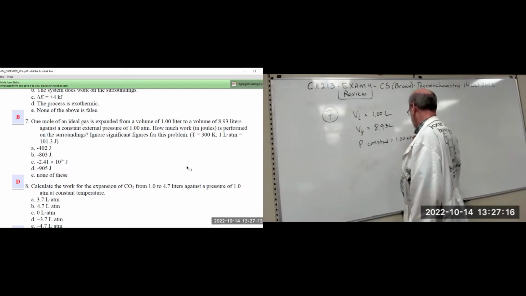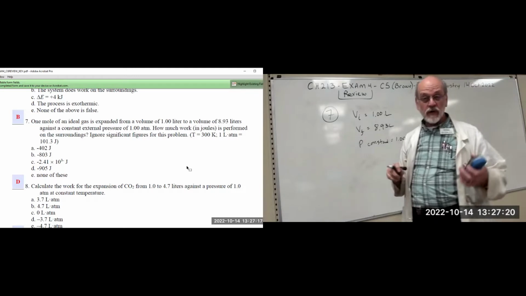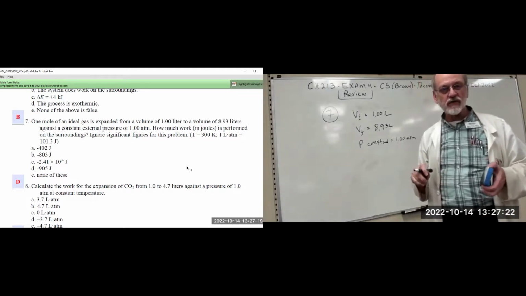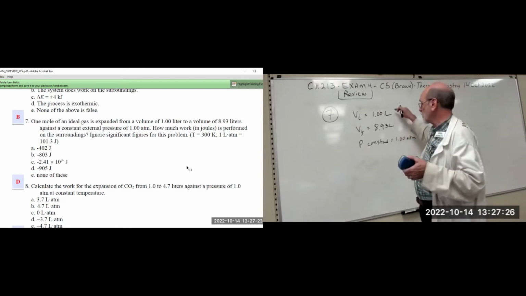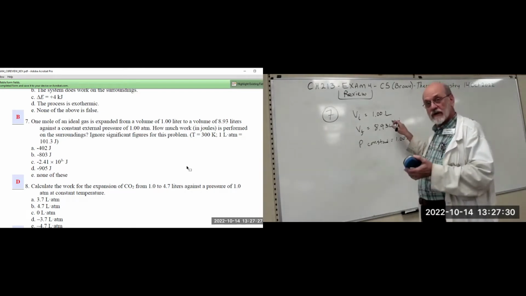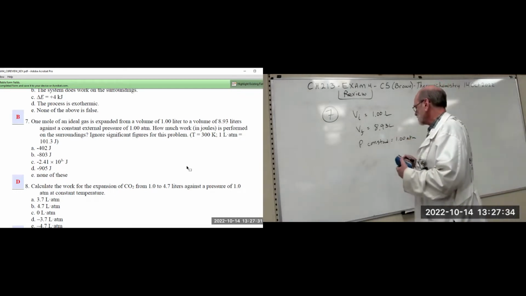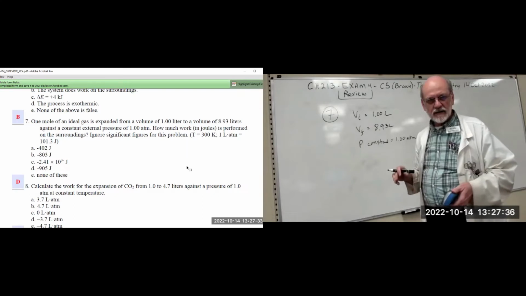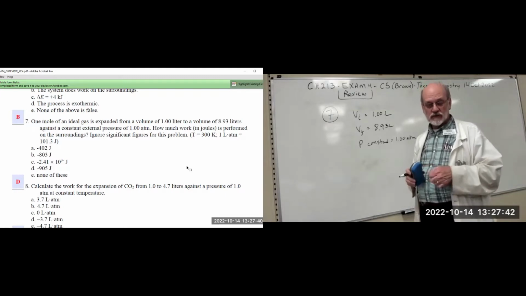How much work in joules is performed on the surroundings? If we're going from 1 liter to 8 liters, yes, the system is doing work on its surroundings, so that's true. And the units in the answer are joules.